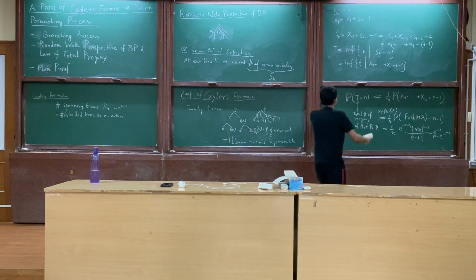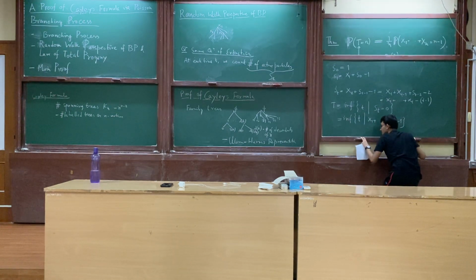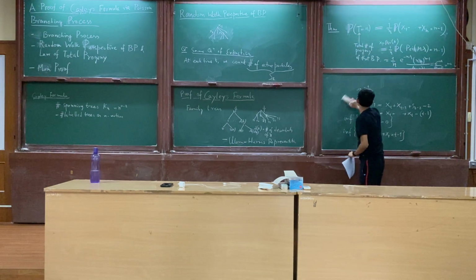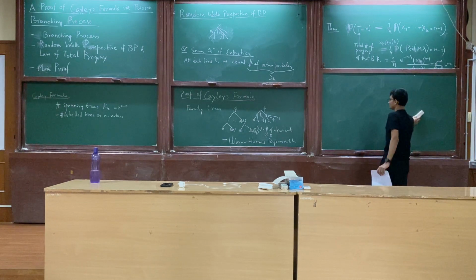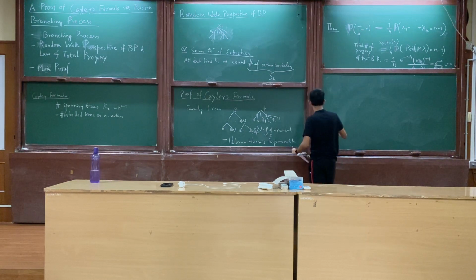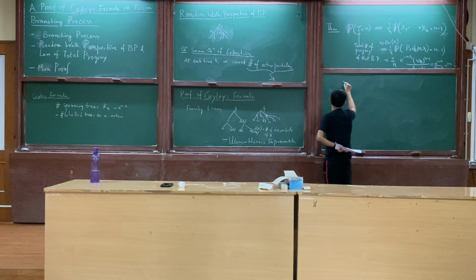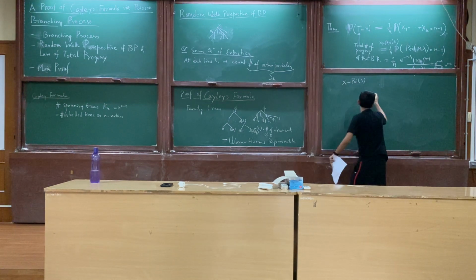Now let's look at this. Say we take a branching process with offspring distribution i.i.d. Poisson 1.